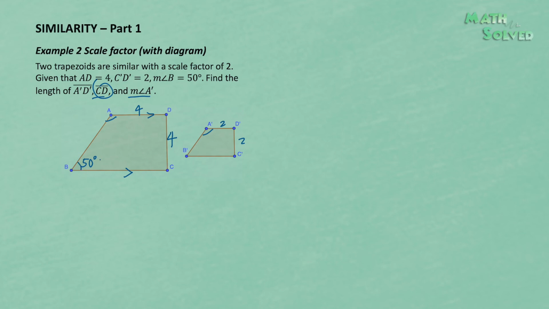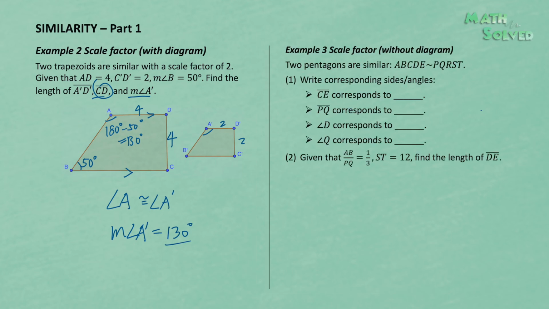If lines are parallel, then the same side interior angles are supplementary. Therefore, angle A is equal to 180 minus 50, which is 130. Angle A is congruent to angle A prime, and therefore the measure of angle A prime is equal to 130. In example 3, there's no diagram, and it's still regarding the scale factor.